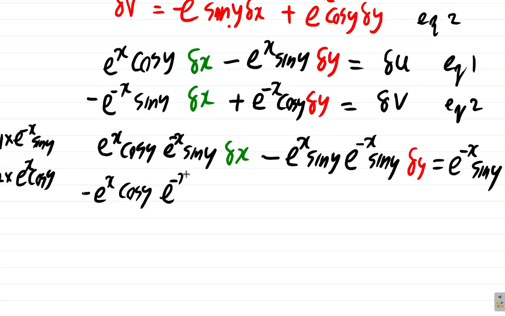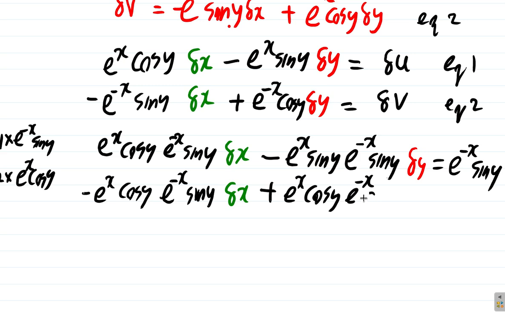E to the negative x sine y times del x, plus, this will be e to the x cos y times e to the negative x cos y.